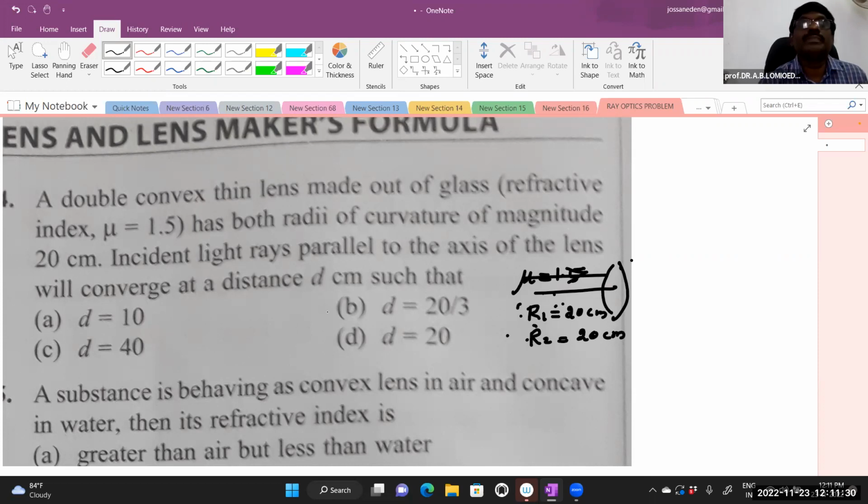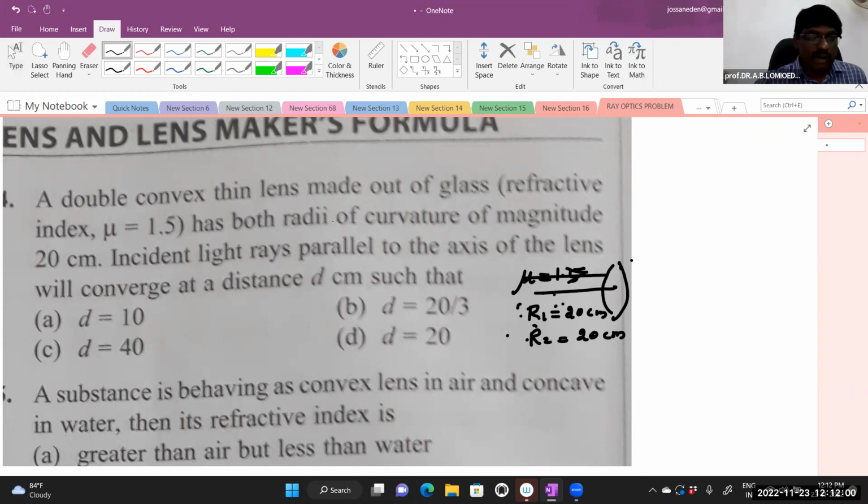A double convex thin lens is made of glass, has both radii of curvature, incident light parallel to the axis of the lens converges at a distance d centimeter, such that we have to find out nothing but f.